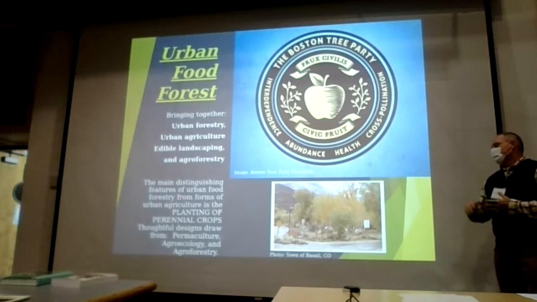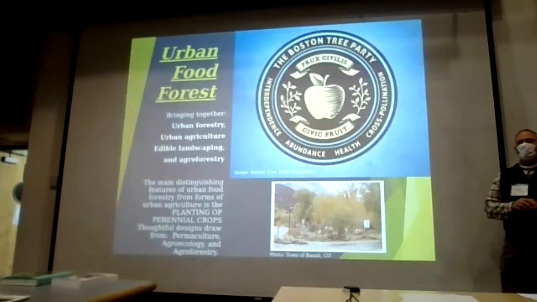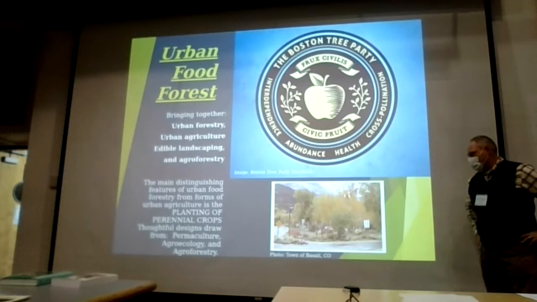So Boston's been great. They've established a number of food forests and urban food farms, and obviously Holyoke, I think, is a great example. It's probably the genesis of much of the permaculture movement here in Massachusetts.